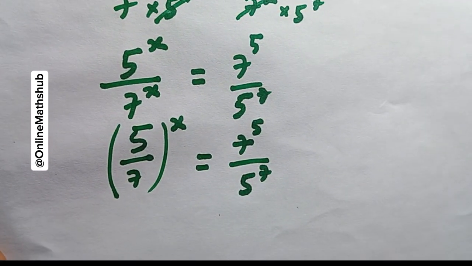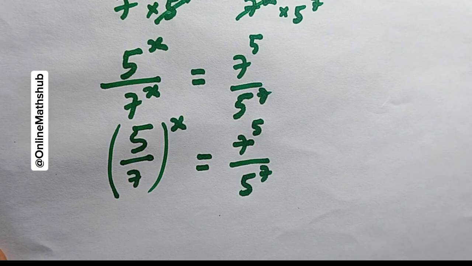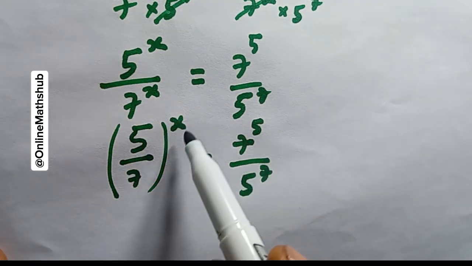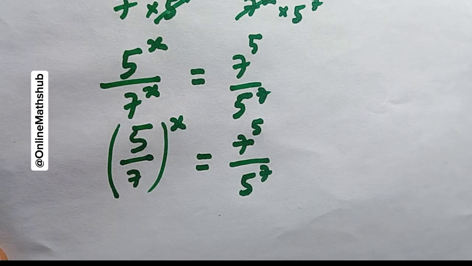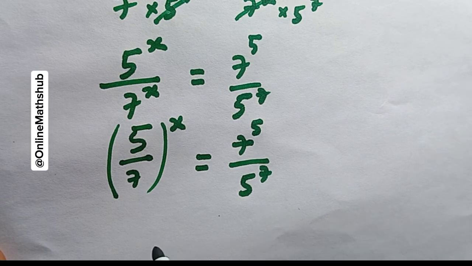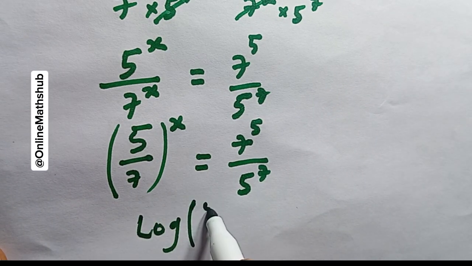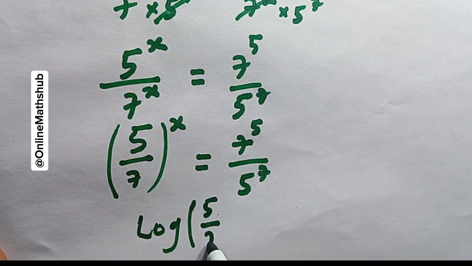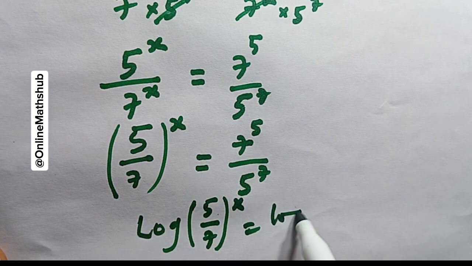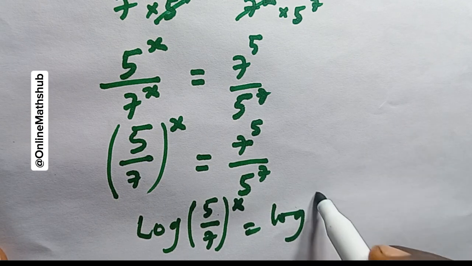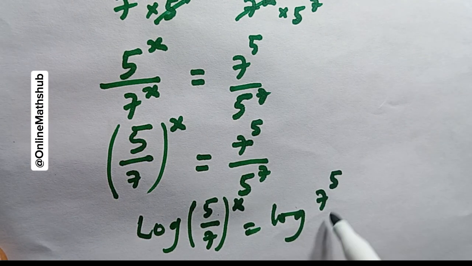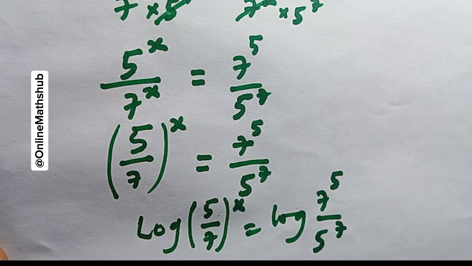If I continue from here, I'm going to be taking the log of both sides so that I can bring this unknown down from the power. I'm going to have log of (5/7)^x is equal to log of 7^5 divided by 5^7.